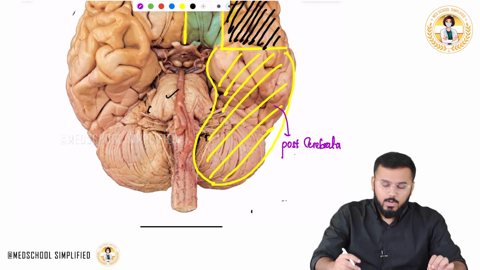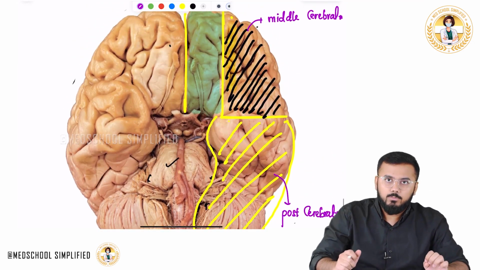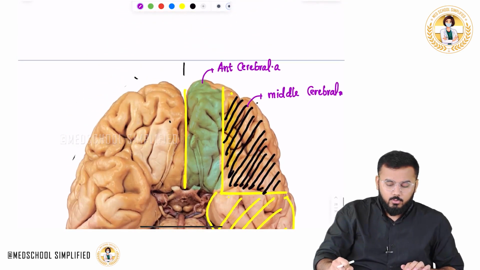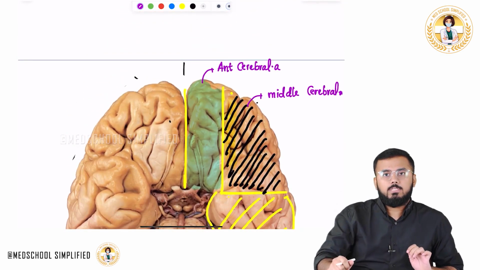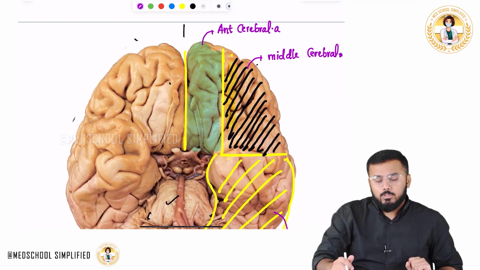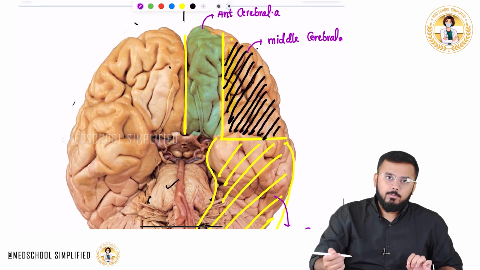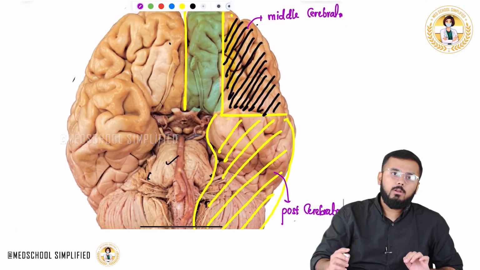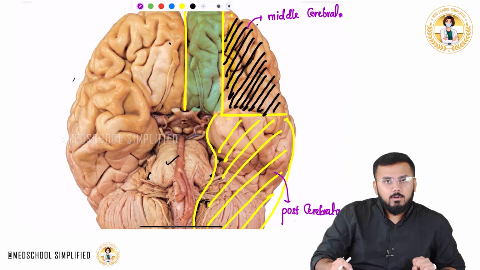So there are three cerebral arteries: anterior, middle as well as posterior. So this part of the cerebral hemispheres is supplied by the anterior cerebral artery, next this one by the middle cerebral artery, and this by the posterior cerebral artery. So when can the middle cerebral artery be ruptured?